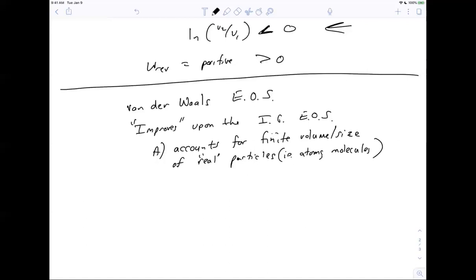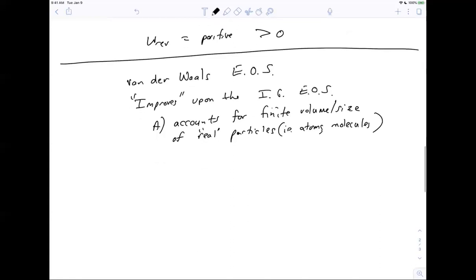So this is the physical intuition or approximation that goes into the ideal gas equation of state. Effectively, particles are point particles. They have no real volume, or finite volume, sorry, or size. And so the van der Waals equation of state accounts for this by introducing a volume for a particle. I'll show you how in a moment when I show you the equation.